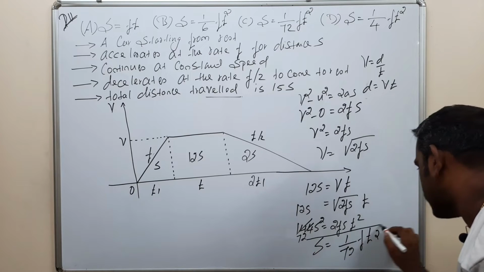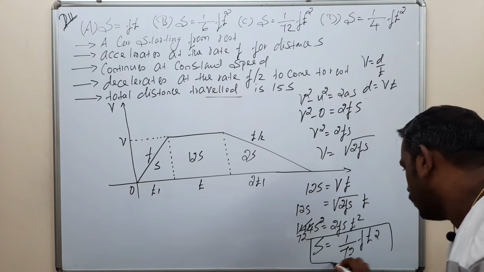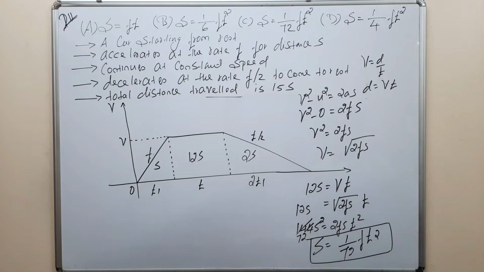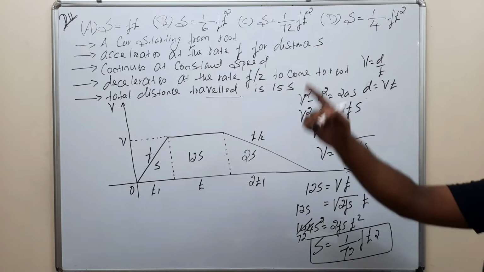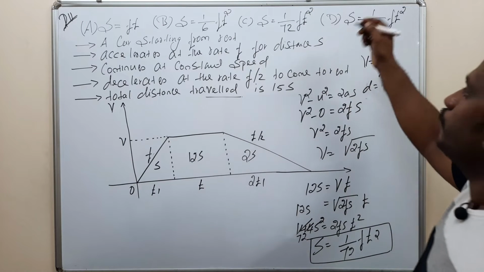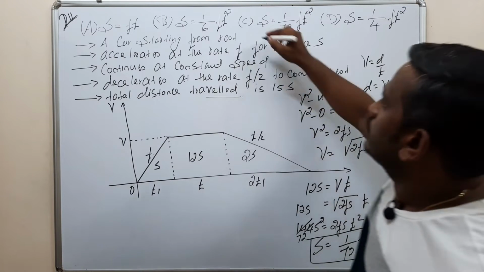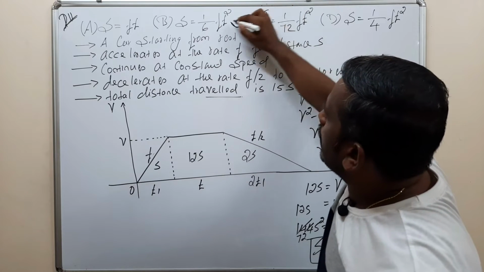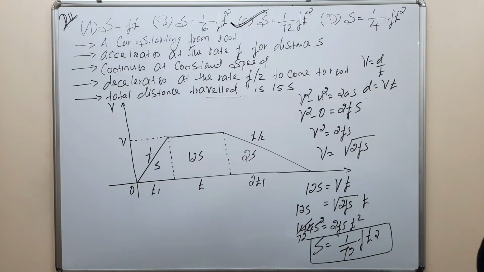So that is the answer. Now compare the options: s is equal to f t, s is equal to 1 by 6 f t square, s is equal to 1 by 72 f t square. So that is the answer. So clear?